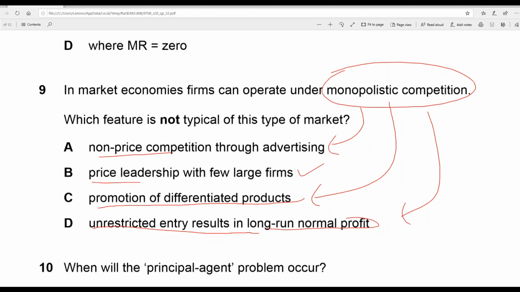Okay, price leadership is the feature of oligopoly. Oligopoly is a market structure in which there are a few sellers who are selling products and there may be a price war between them. If one firm reduces its price, it will be a leader, others will follow it. So price leadership is the feature of oligopoly market structure, not monopolistic competition.